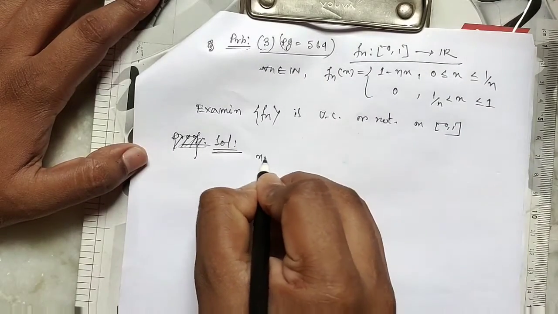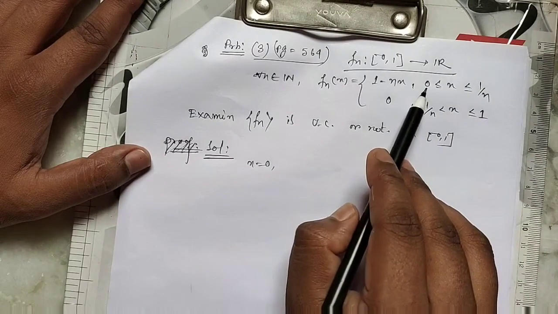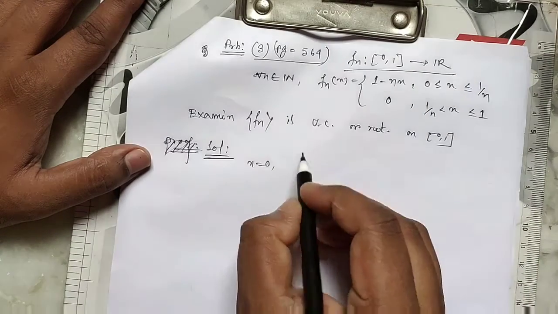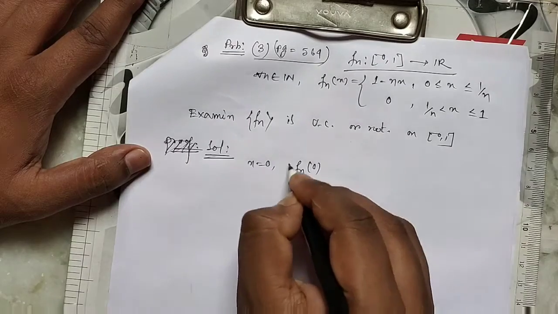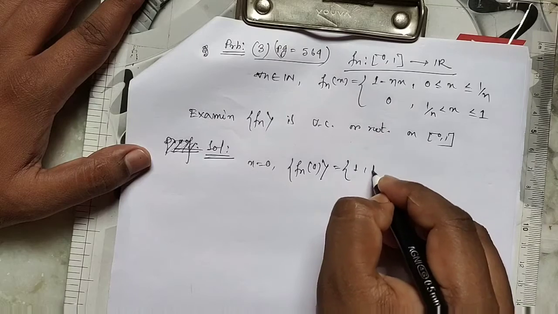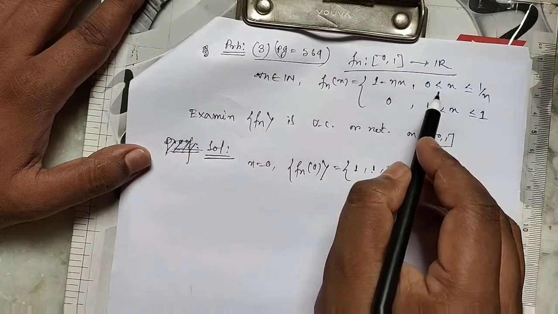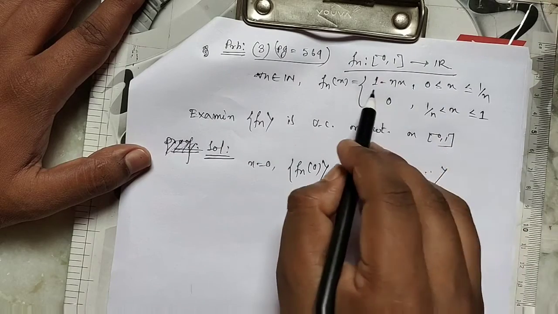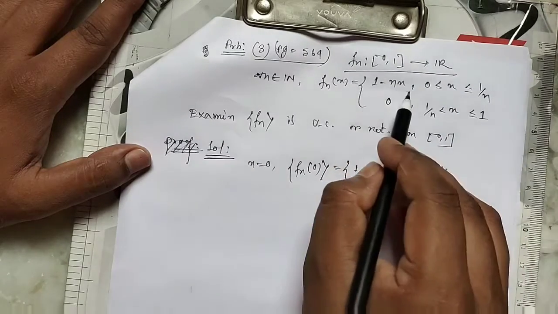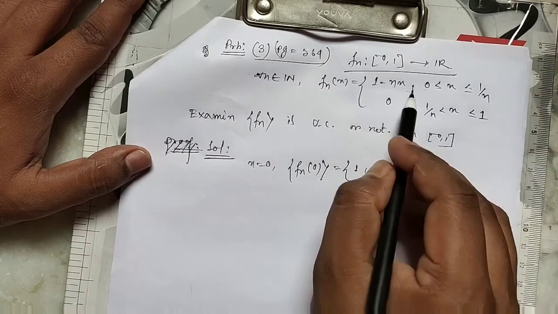So for x equal to 0, fn(0) is a real sequence, which is 1, 1, 1, 1 and so on, because for x equal to 0 we take this function.